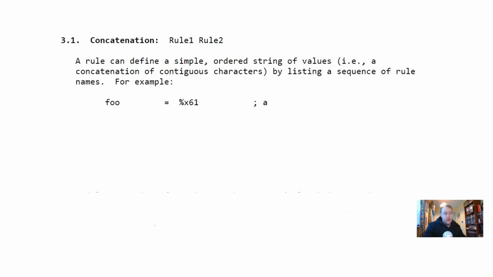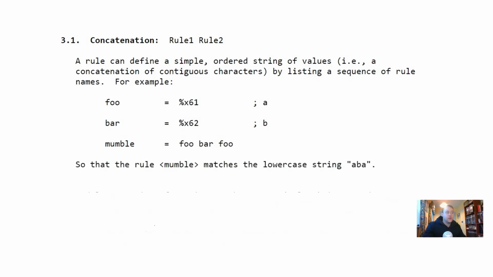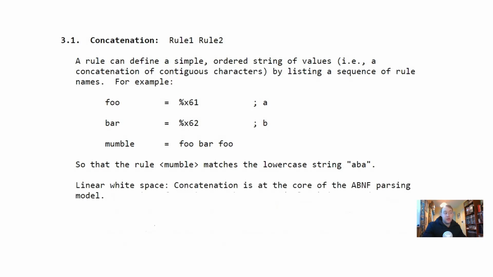We're going to put a little comment. That's A. Call that B. Now wait for it, that's not the concatenation. Here's the concatenation. Mumble equals foo bar foo. So we're just listing the rules we've defined one after the other. And the rule mumble will now match the string ABA. And it does have to be lowercase because we've specified the lowercase a, the lowercase b.